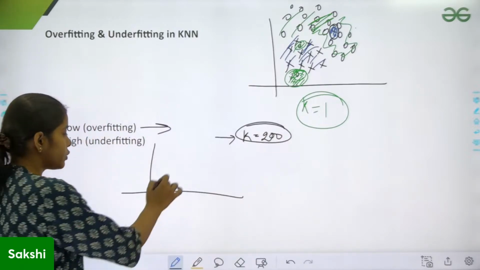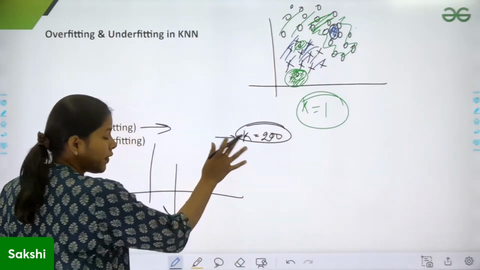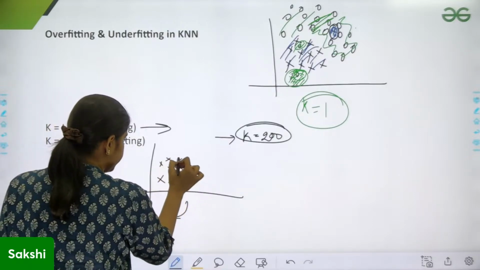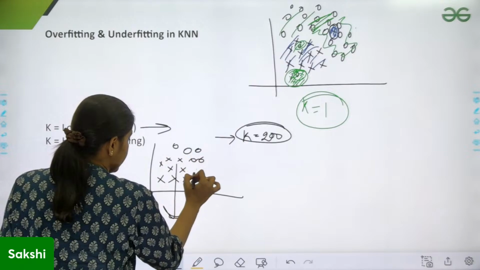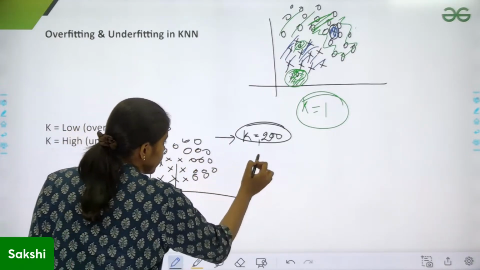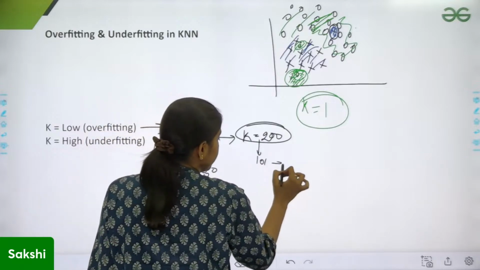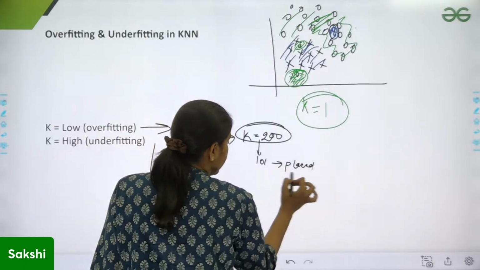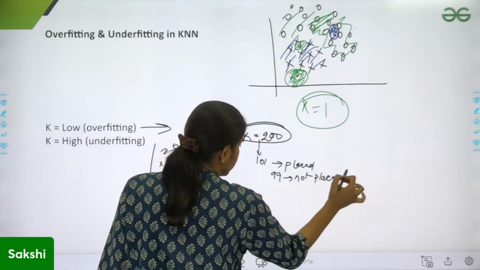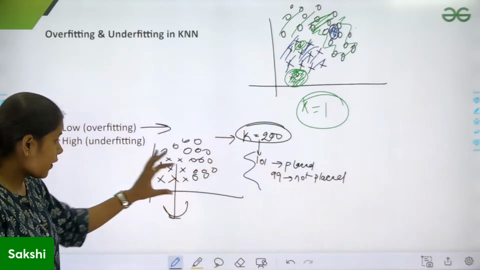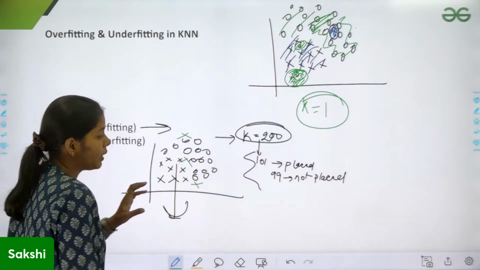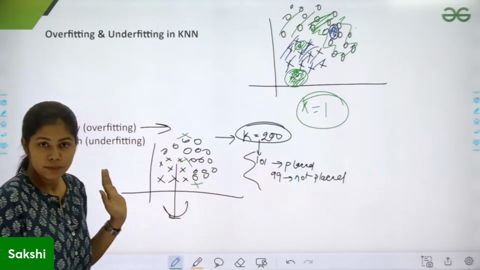If I take k equal to 200 and plot this data, let's suppose out of this I have 101 placed and 99 not placed, right? I know this already because of my training data. So if I have any query point, anywhere, it would be classified as placed.